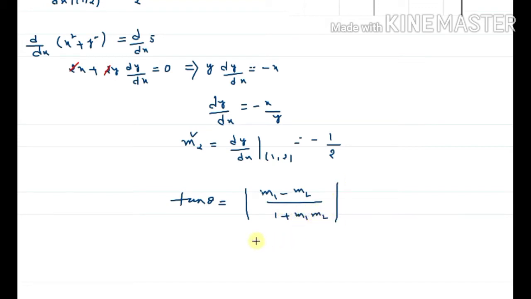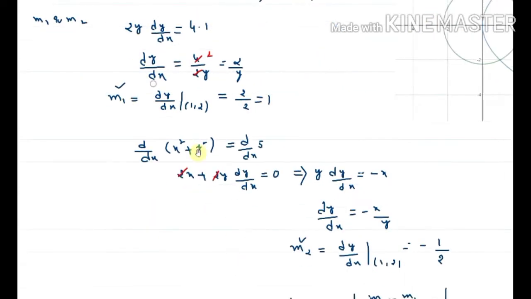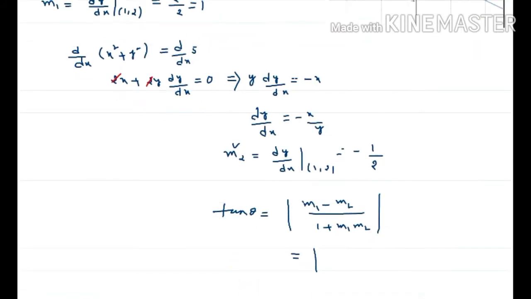So substitute, m1 is equal to how much did you get? m1 is equal to 1. Now substitute here. m1 is equal to 1, minus m2 is equal to minus of minus 1 by 2. From that I will get plus 1 by 2 here, divided by 1 plus m1 is 1, m2 is minus 1 by 2.